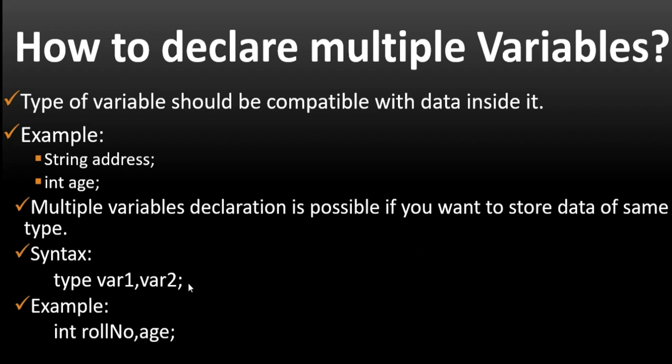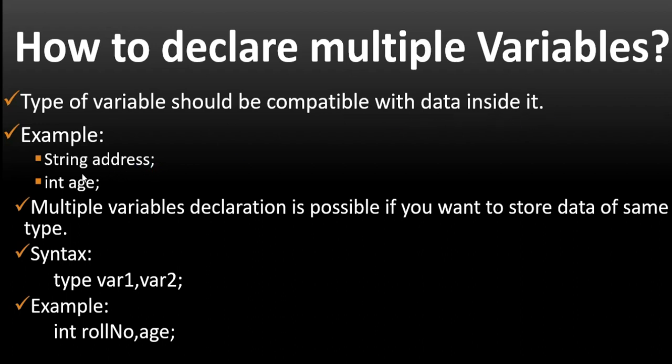So multiple declaration is also possible in Java. Whatever variable you are declaring should be compatible with the data type which you have declared. If you have declared roll number variable, it must store a value of type integer. So the type of a variable should be compatible with the data inside it.